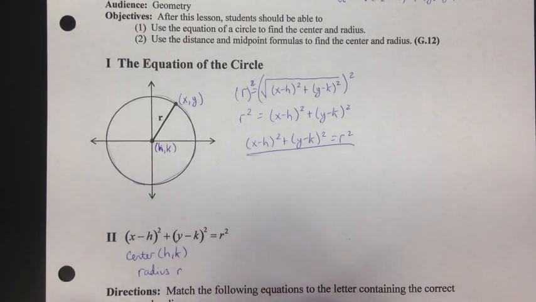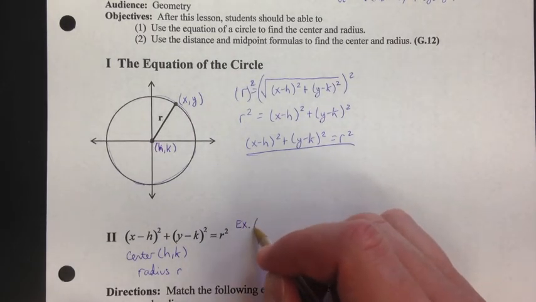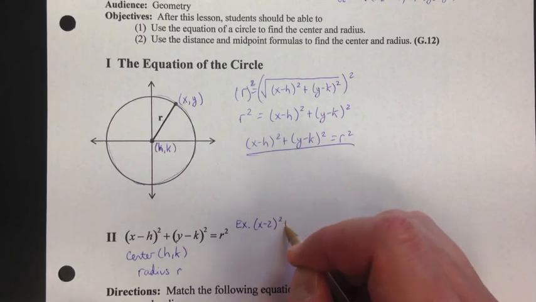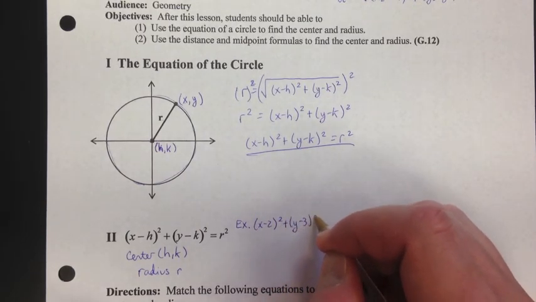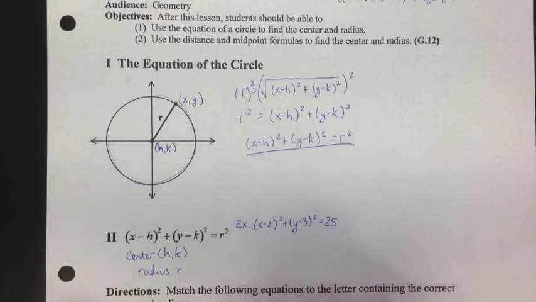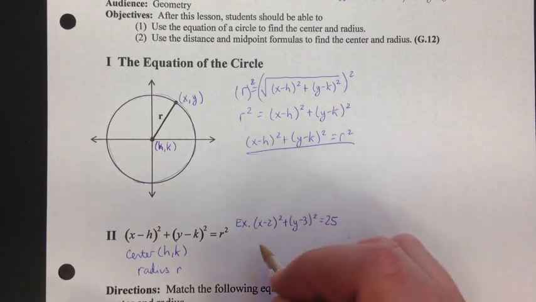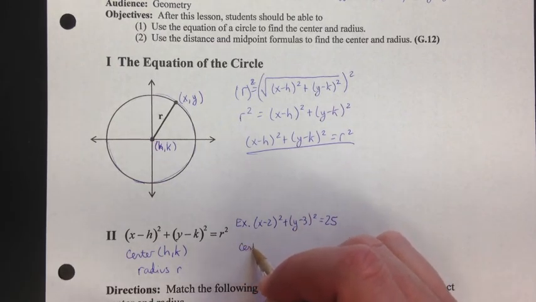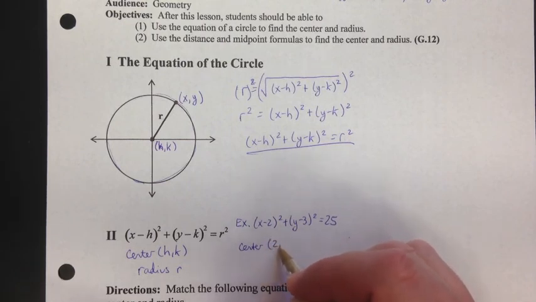To give you a couple of examples, I'll put these on the side. Let's say the equation was x minus 2 squared plus y minus 3 squared equals 25. Based on that, we already know the center and the radius. The center is going to be positive 2 and positive 3.